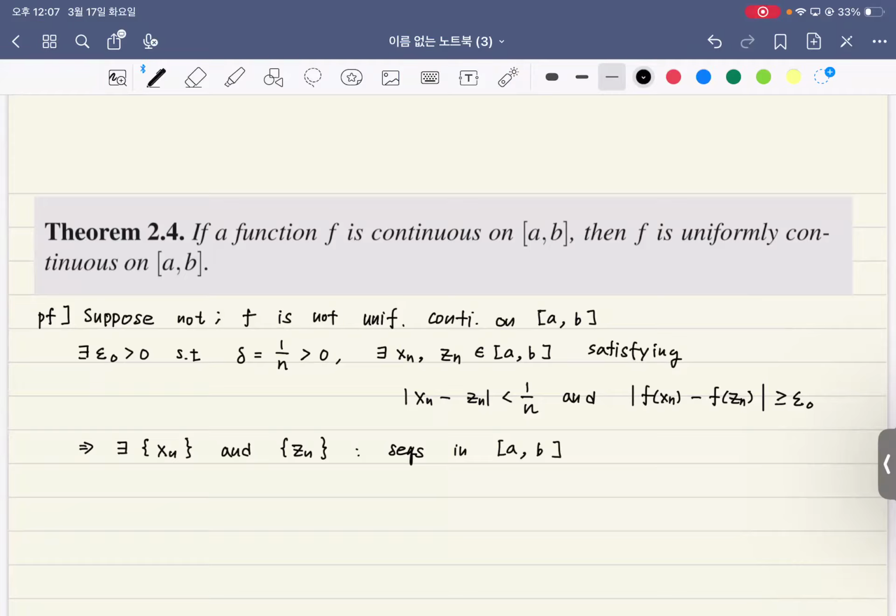Okay, now I'm gonna take advantage of the previous lemma. So do you remember this? Well, for every infinite sequence, you can find a monotone subsequence from it.